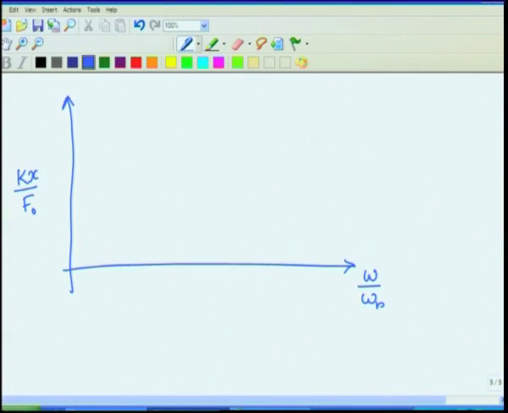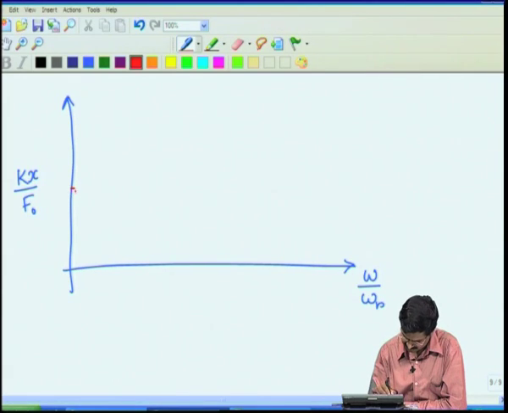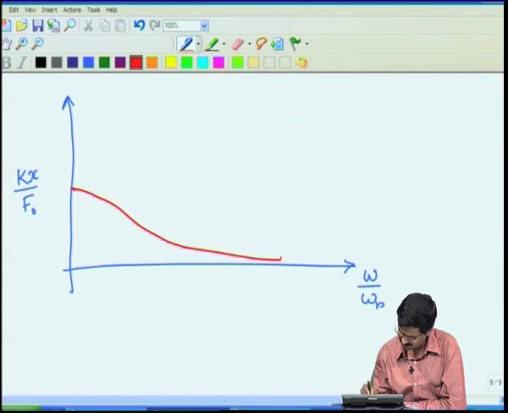If we plot that, it is going to look like this for various values of the damping coefficient. When the damping coefficient is some value that we have started out with, it will go like this.